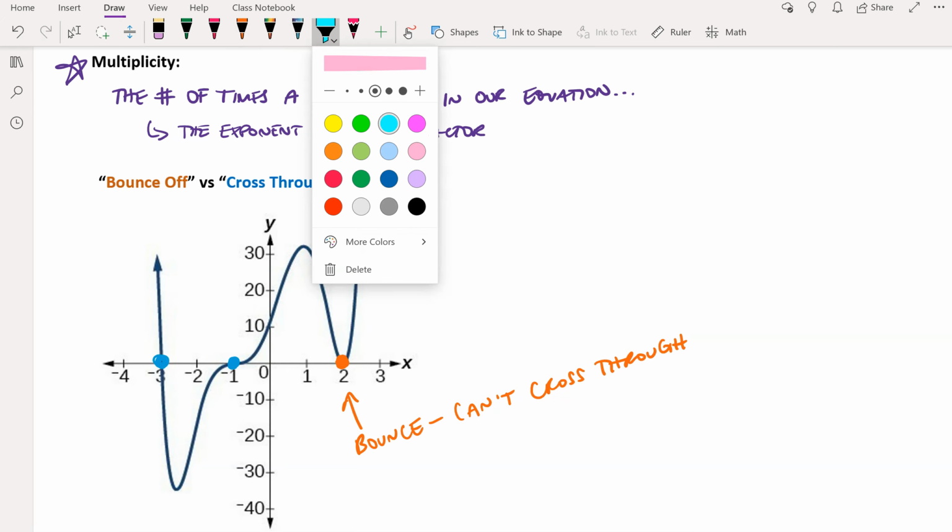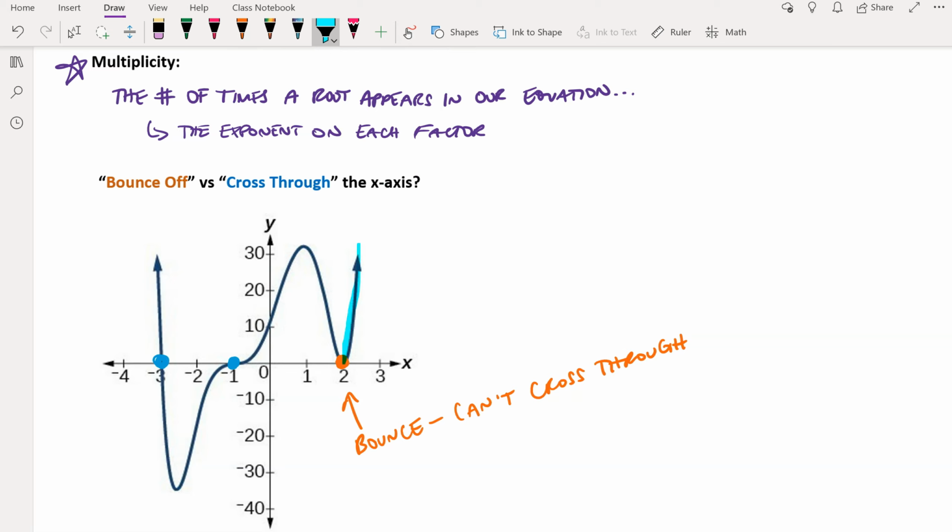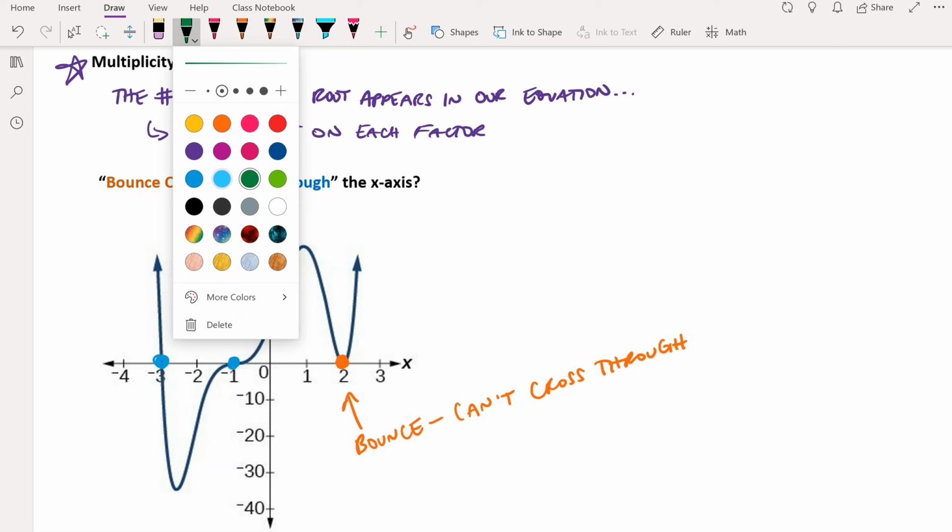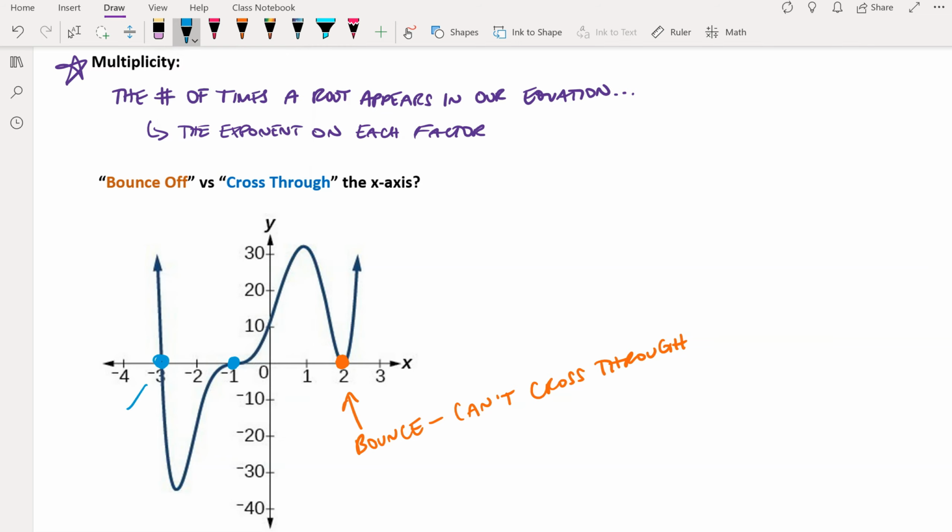It's traveling down, and it hits the x-axis and bounces off. So that's a bounce. And then a cross is when you're traveling down on this blue side, boom, we cross through right there at x equals -3. So an example of a cross is drawn right here for you, and we cross through the x-axis in the middle.